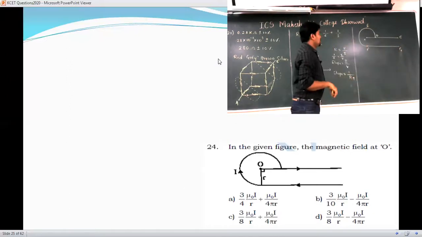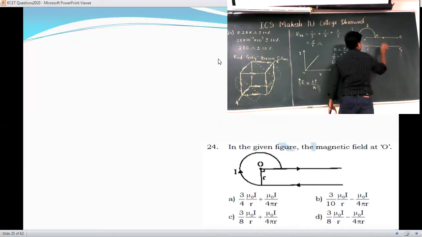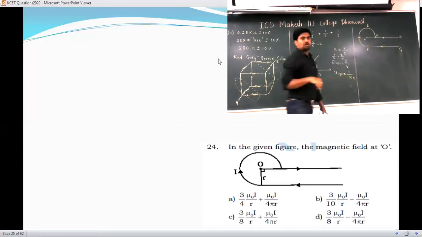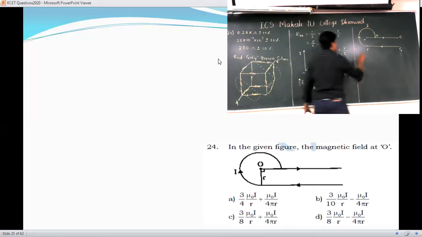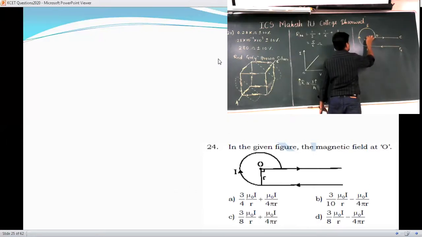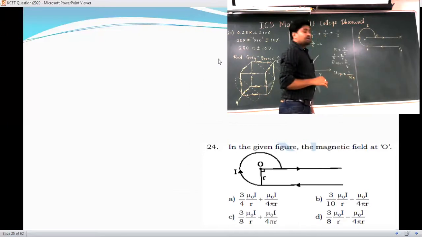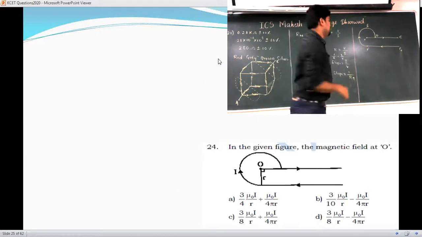Now they have given the direction of the current. This is the direction of the current. What you have to do here is calculate the magnetic field at point O. When calculating the magnetic field, first you need to see how many conductors are present here.